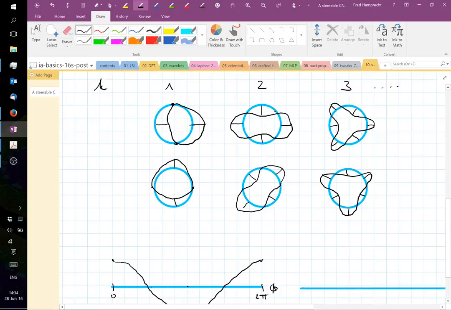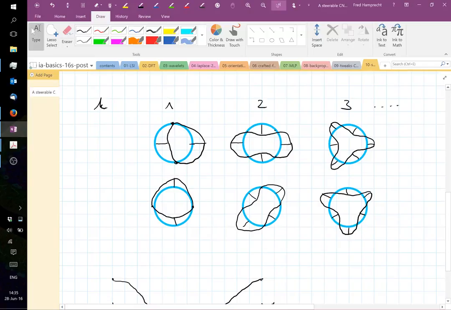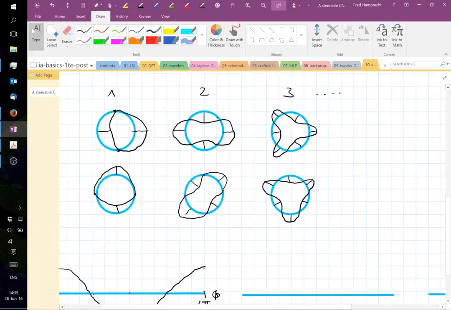Okay, we can do this for higher orders, of course. So if I combine these linearly, I can, for example, produce something like this.